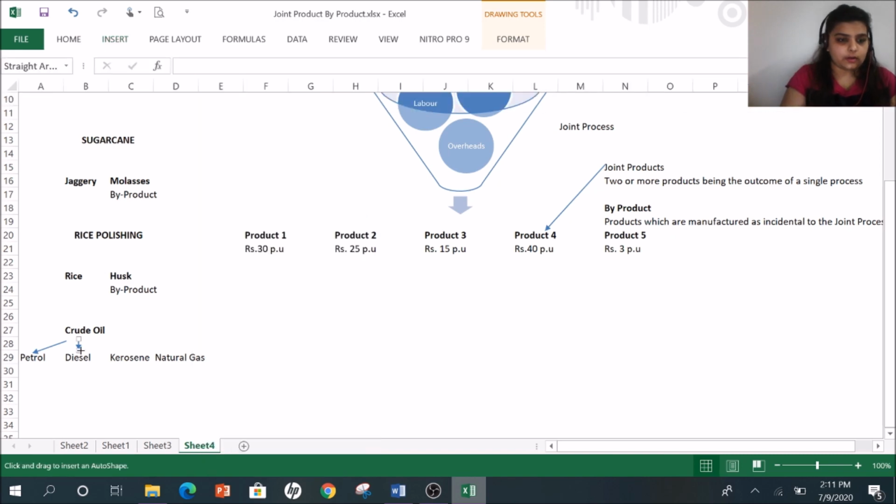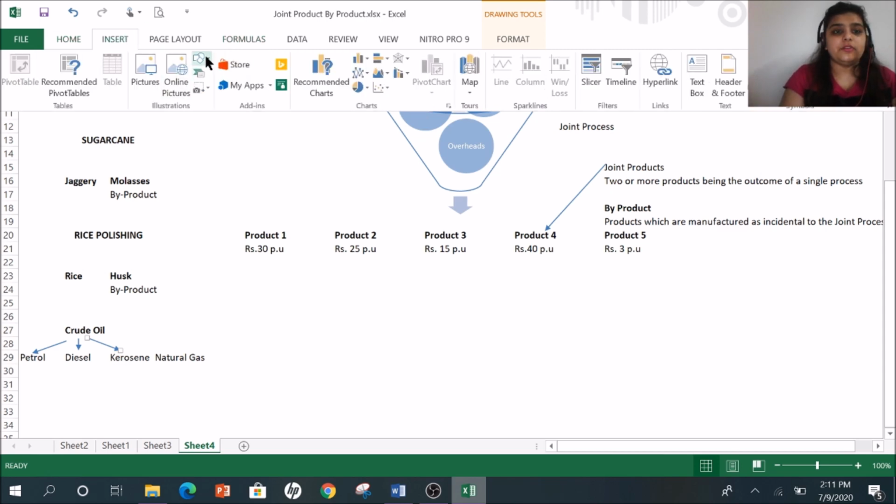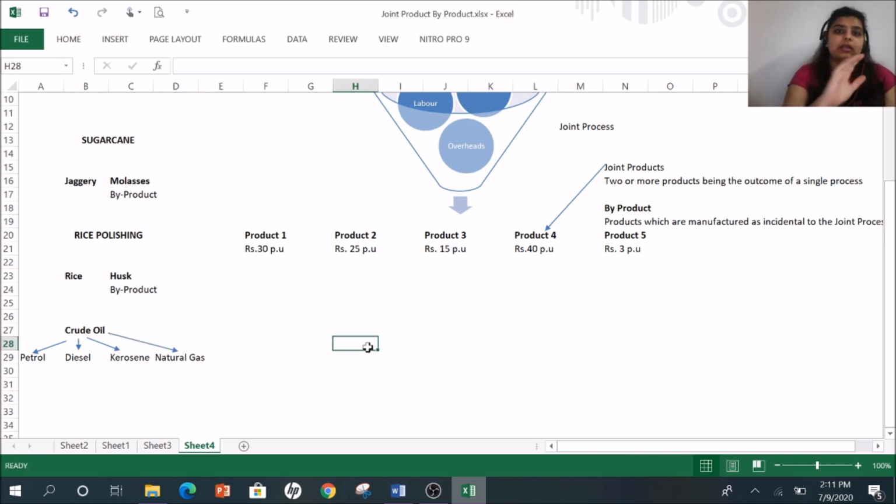Now, let us go ahead. Let us understand how do we deal with joint products, or why do we need to understand this chapter? What is the requirement to study this chapter? Now, let us talk about these products. These products can be sold in the market at rupees 30, 25, 15 and 40. This is the example which I took.